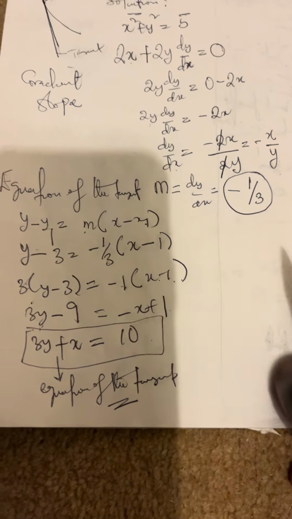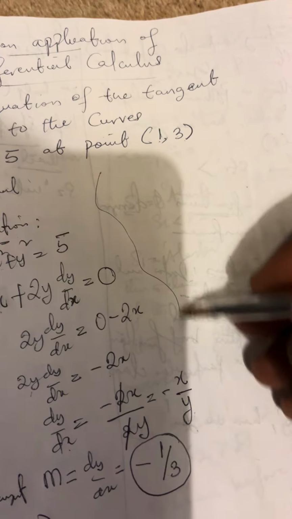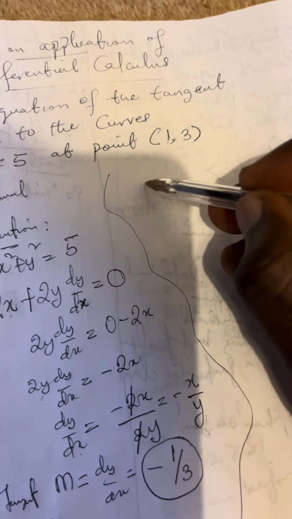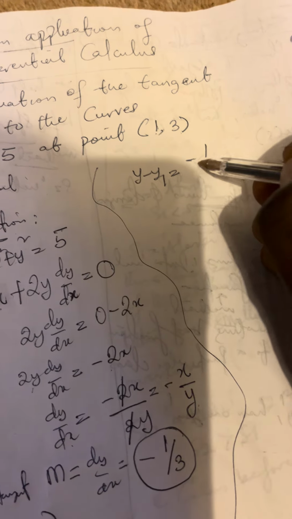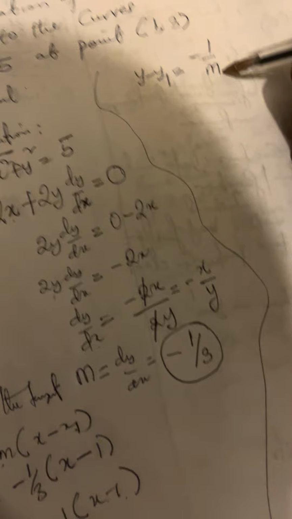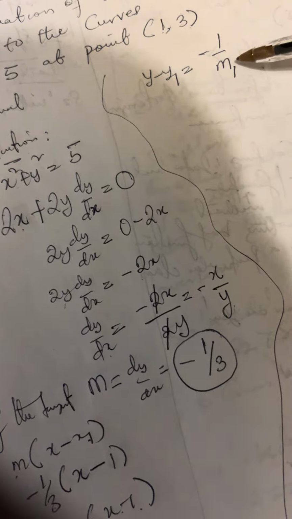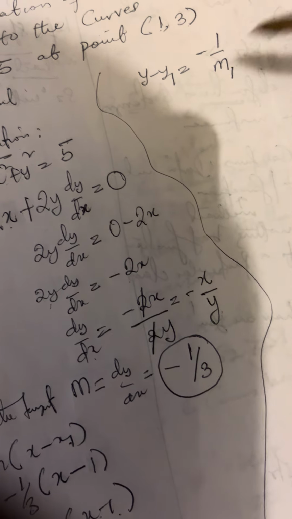So let's find the equation of the normal. Let's go to the other side of the paper to solve it. The equation of the normal is given by this formula: y minus y1 equals minus 1 over m1 times bracket x minus x1. Why are we using minus 1 over m? Because it is perpendicular.